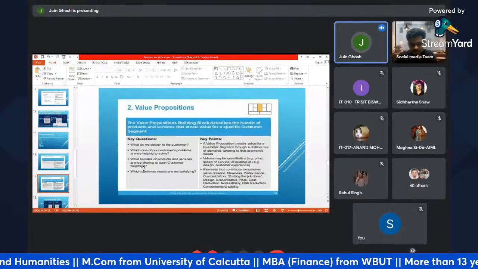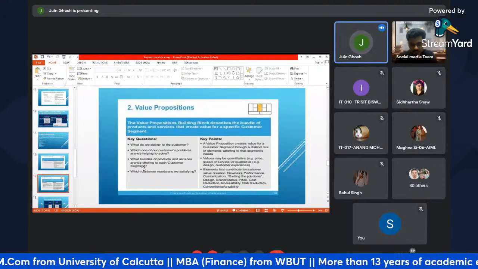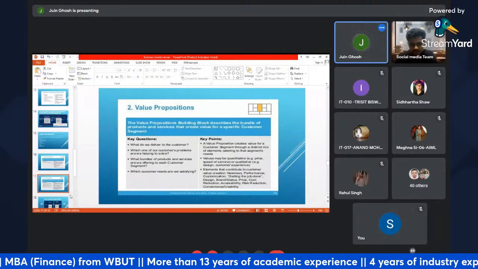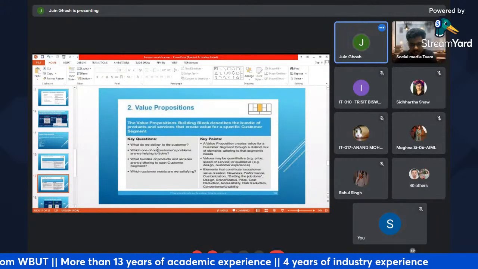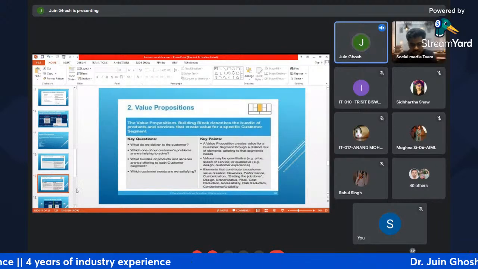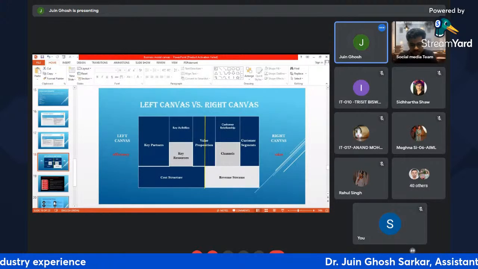These are the basic parameters. So it should be very much clear which customer needs we are satisfying. These questions should be answered if you want to make your business model hit the market.